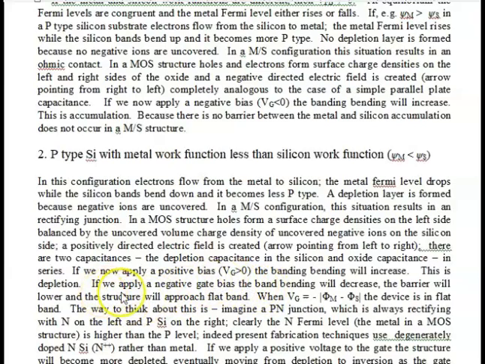If we apply a negative gate bias, then we can go to flat band, and then eventually, if we continue to increase the gate voltage in the negative direction, make it more and more negative, we can go into accumulation. So the flat band voltage will always be negative, and here it's just equal to the magnitude of the difference between the work functions.